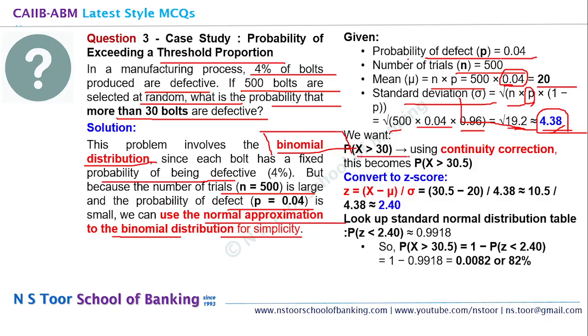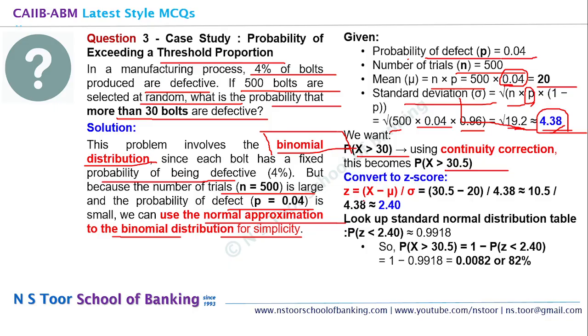So here because it is x probability is more than the 30 volts, we will take the base as 30.5. We will try to find out the how much will be for 30.5. So then we have to convert it into Z score. What is the Z score?